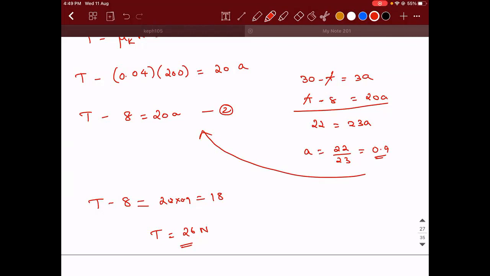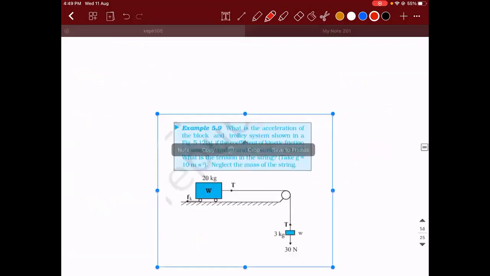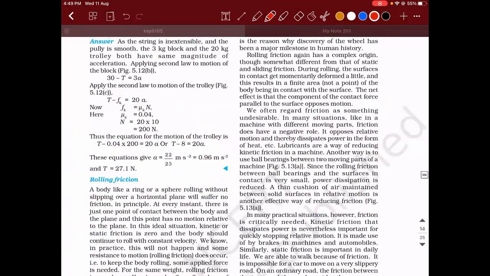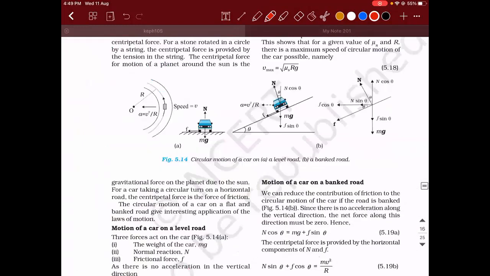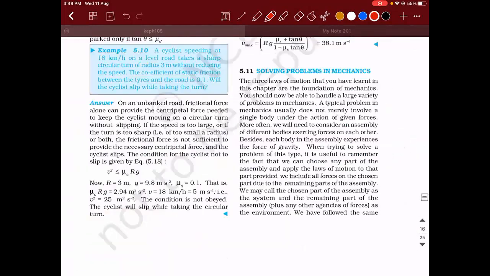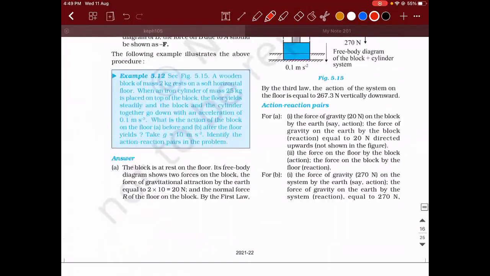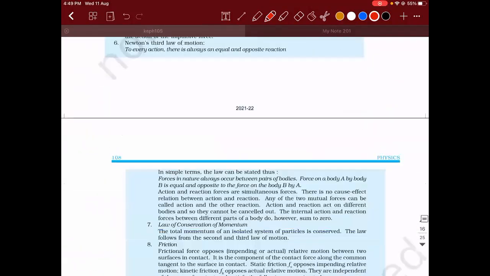Done, guys? Yes. We'll solve some more problems based on friction. Next class, we will see how this friction supports circular motion.